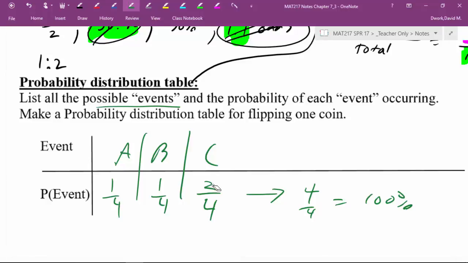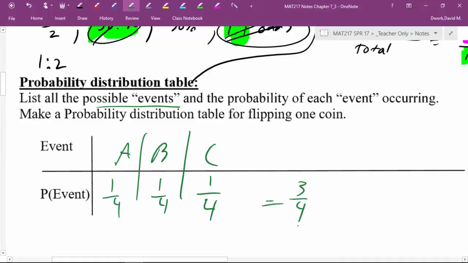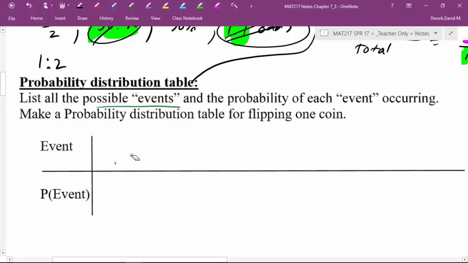So when you're looking at a probability distribution table, and maybe it looked like this, it had 1/4, 1/4, 1/4, well, then you would look at it and say there's something wrong because this does not represent all of my possible outcomes, because right now I only have 3/4 of my outcomes represented. So the key to a probability distribution table is your probabilities have to add up to make 1, and it must list every single possible outcome, every single possible event.